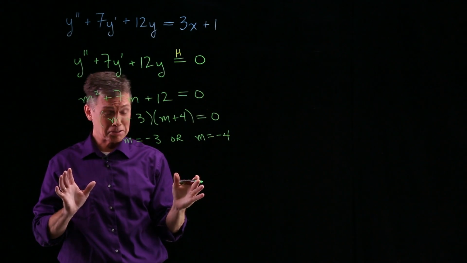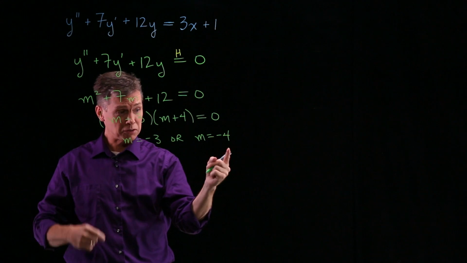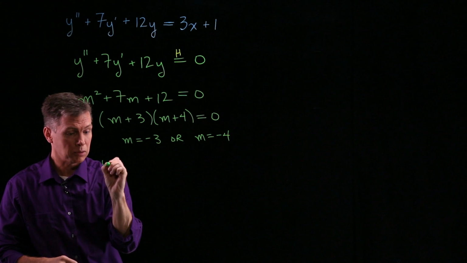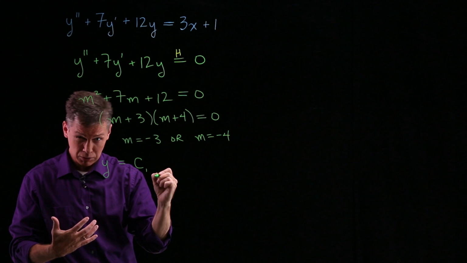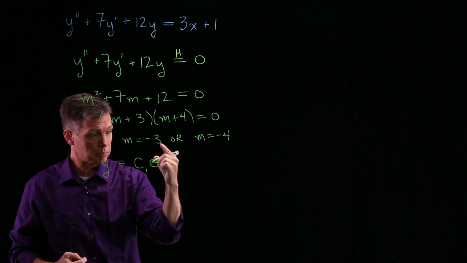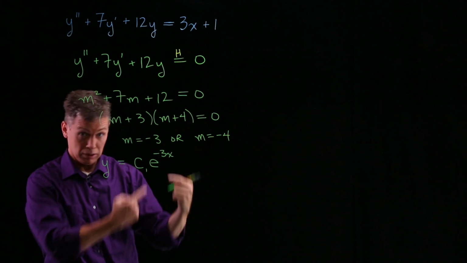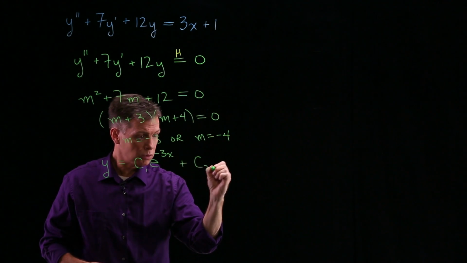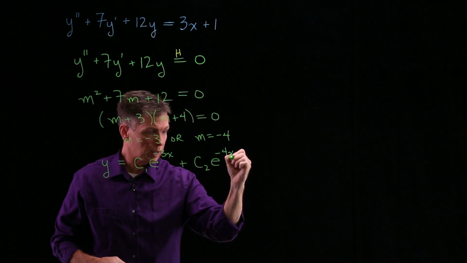Okay? Everything's behaving. Now what you do with your answers to the characteristic equation, since these are real solutions to that equation, that means my y will equal some unknown constants, coefficients in front, and then e raised to that minus 3 as a coefficient of x in the exponent of e, plus c2 e raised to the minus 4x.